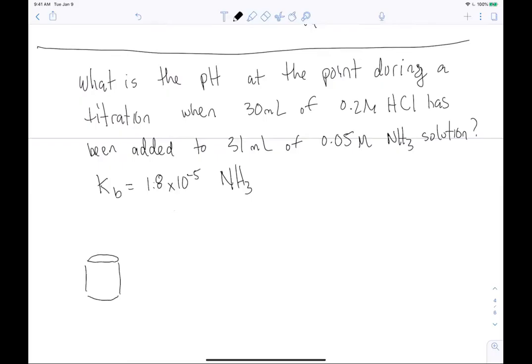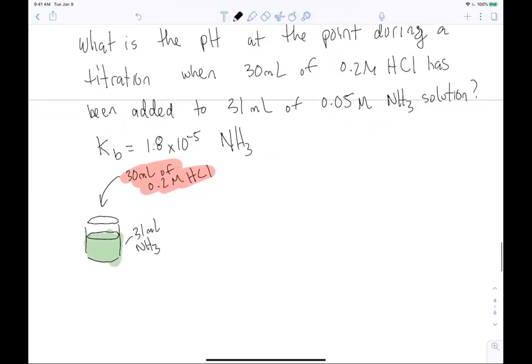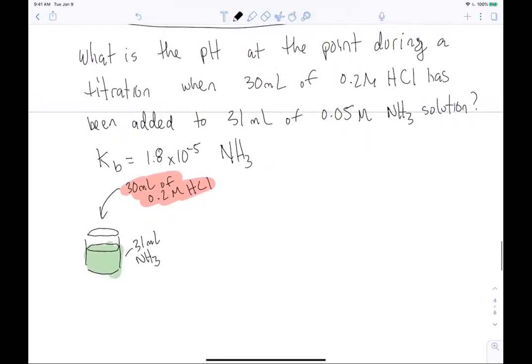I have 31 milliliters of base, and then I'm adding, in this case from a burette, that's really the only difference, 30 milliliters of 0.2 molar HCl. And then it's just asking me what the final pH is.